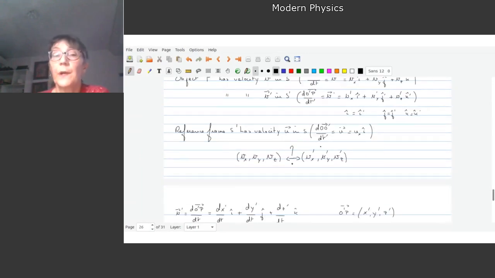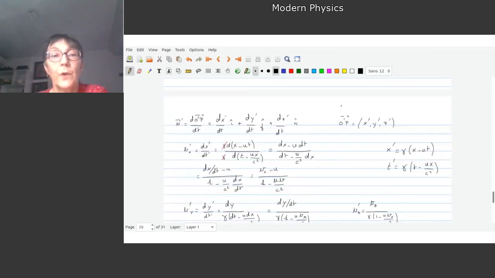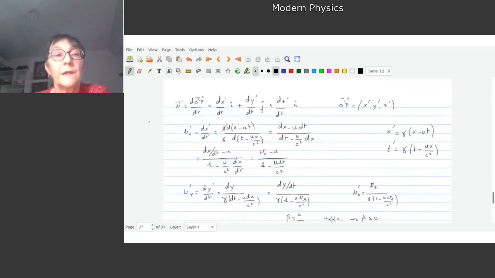This is in frame S, but this is measured in S prime, so time is t prime. So I will calculate here V prime is dO'P over dt prime. I forgot to put the prime. This is where you have to be very careful.